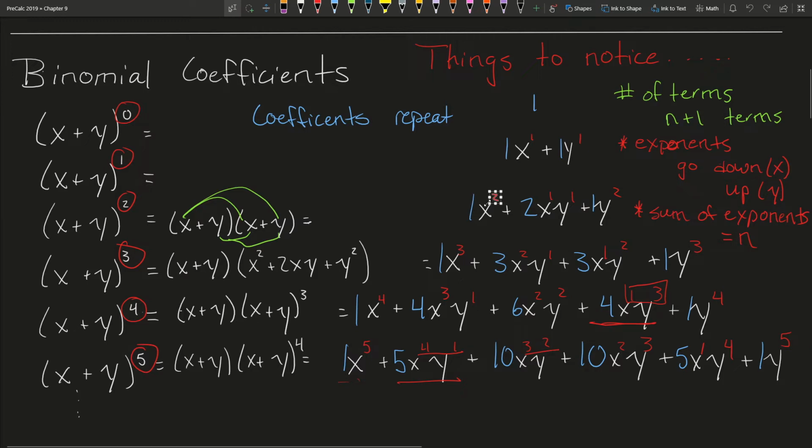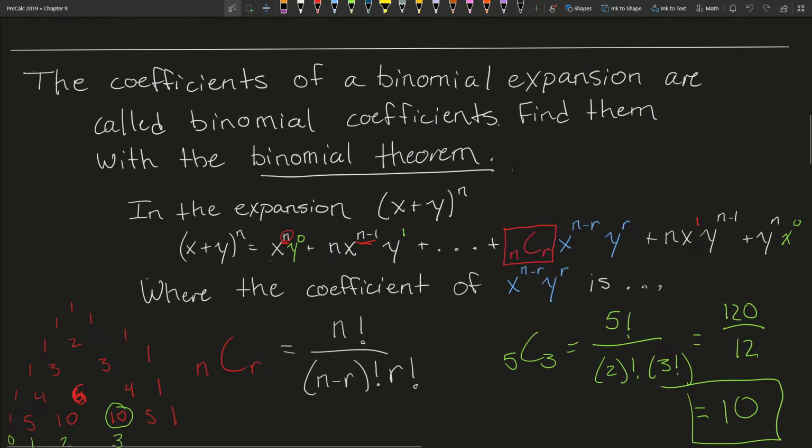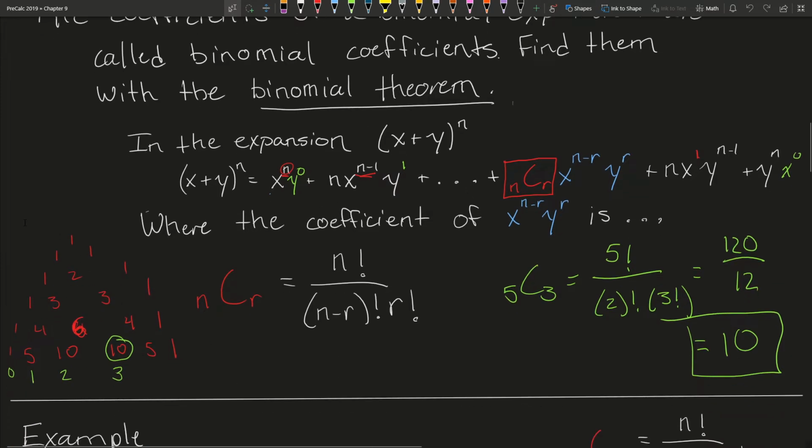Exponents of y will increase. Each of these blue terms is some combination of numbers, so nCr is always going to be that coefficient, but you can also use Pascal's triangle.